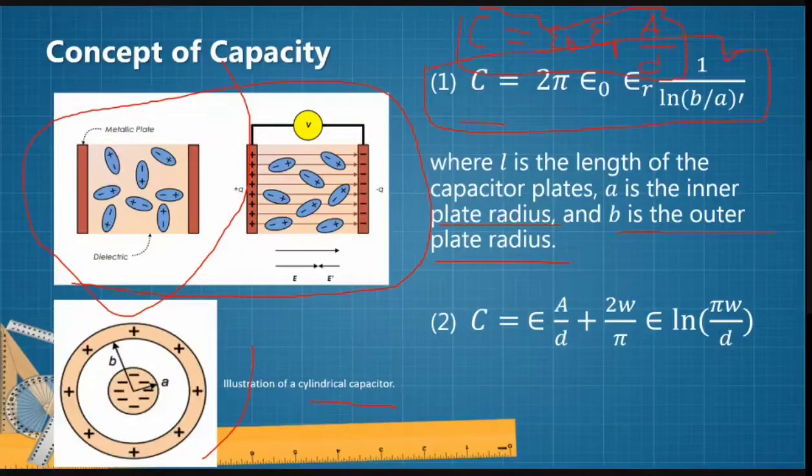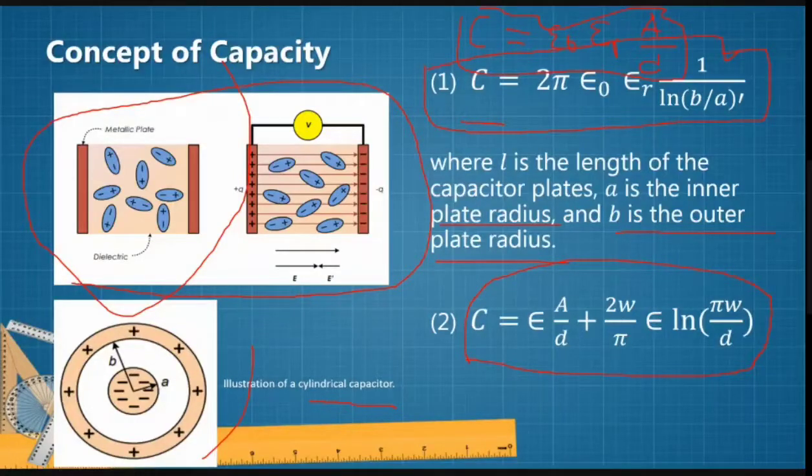It's possible to build a sensor if the physical quantity to measure can cause a change in C equals epsilon dot A divided by d plus 2W divided by π epsilon ln(πW divided by d).